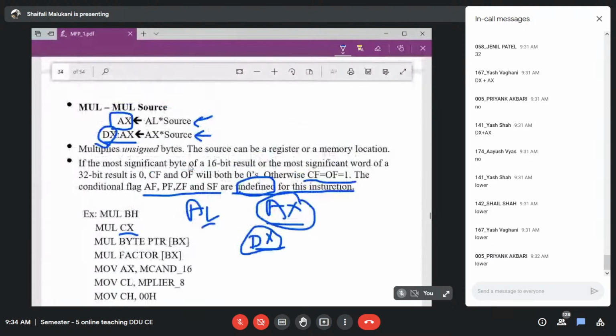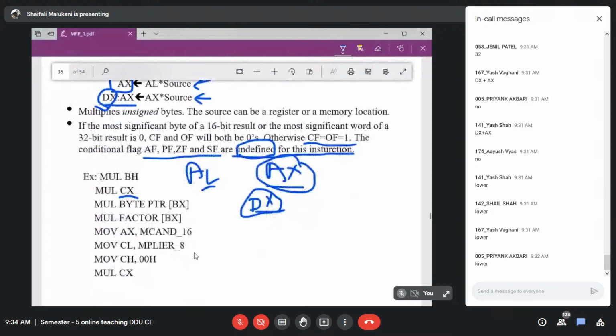So what are the options that we have here? What we can do is move one operand to a register. Suppose I want to perform 16 into 8, a 16-bit operand into an 8-bit operand.